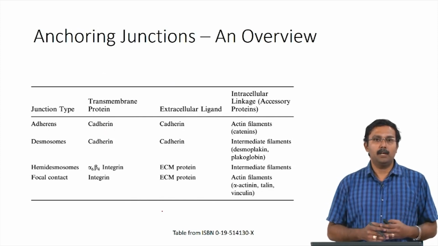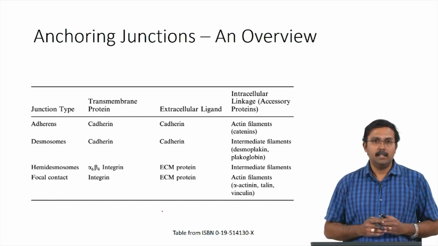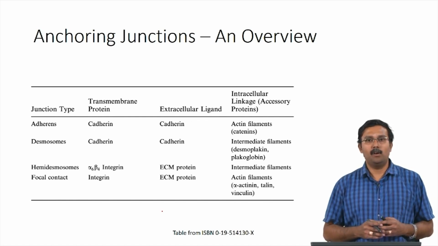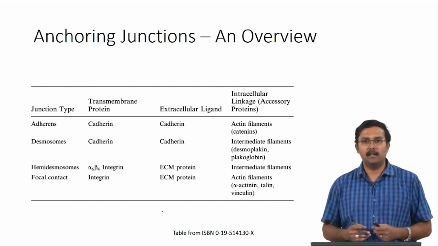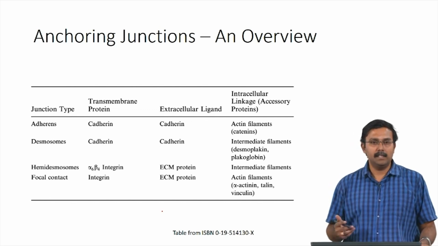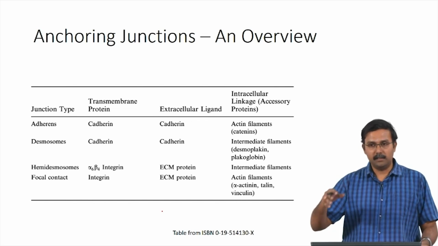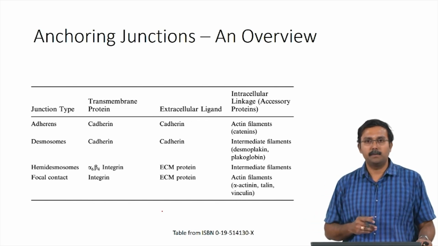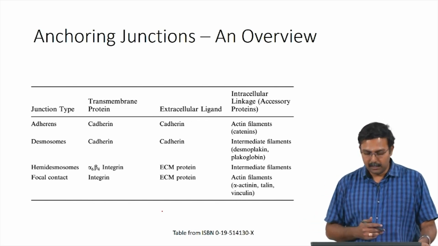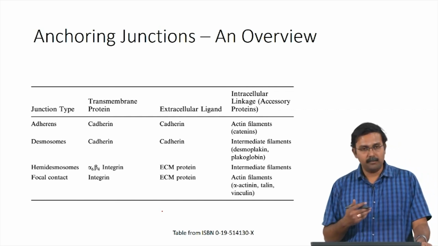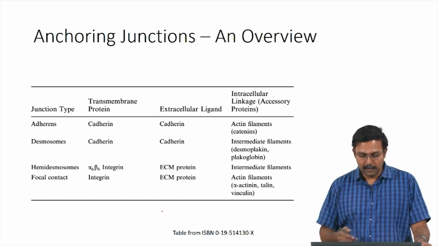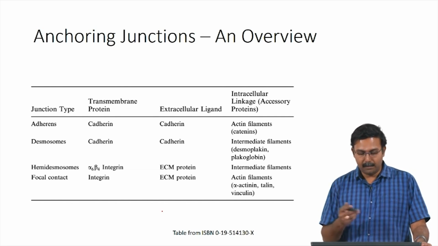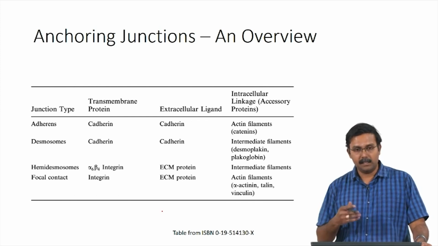If you are talking about adherens junctions, the transmembrane protein involved is a cadherin, and the extracellular ligand is also a cadherin. The intracellular linkage, the accessory protein which is present, would be actin fibers. In case of desmosomes, you would have cadherin interaction. However, the intracellular linkage is intermediate filaments which are present in the cell.